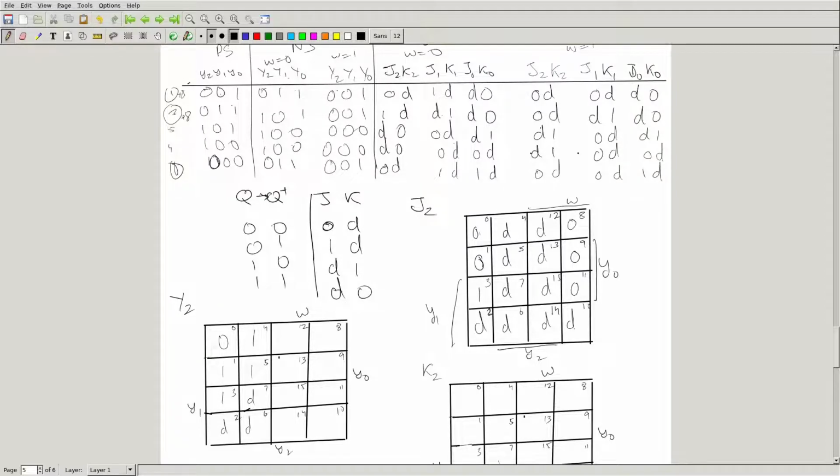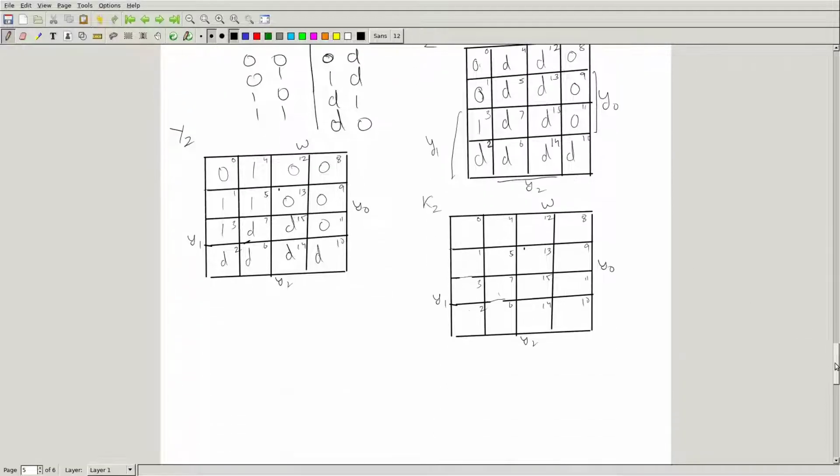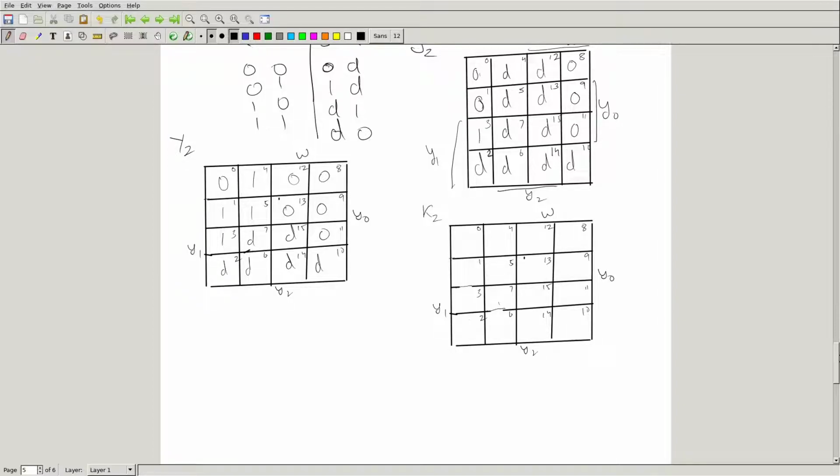We didn't fill up the w equal to 1 part, in which case apart from the D's, it is a mirror image, we just have 0, 0, 0, 0.